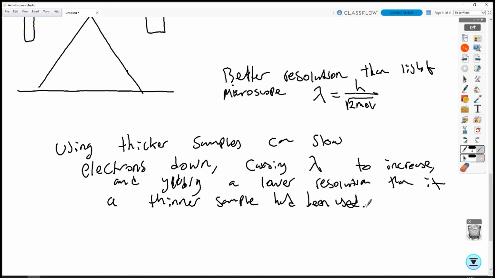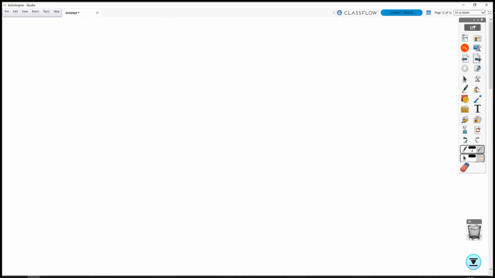Okay, let's start a new page. We'll look at the STM next. So the STM uses a quantum phenomenon called tunneling.